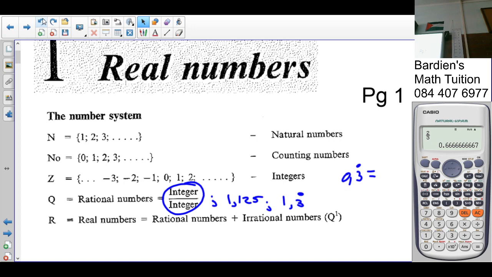R stands for real numbers. And real numbers are made up of rational numbers plus irrational numbers. So we know what the rational numbers are, not so? So now we're going to look at what irrational numbers are.